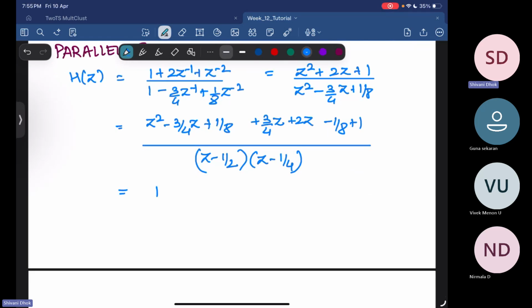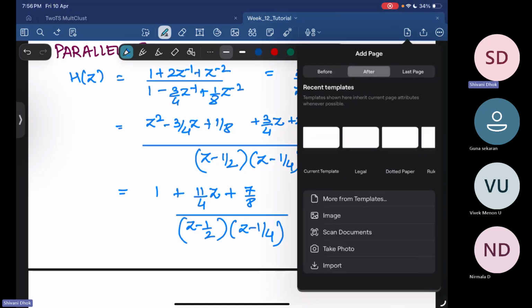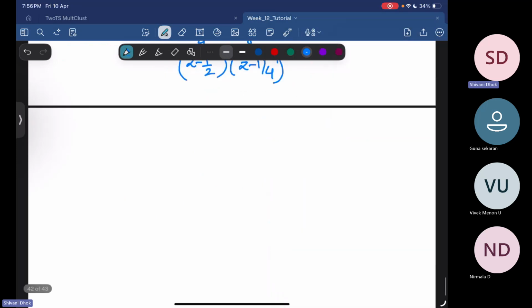So the first term gets cancelled, plus you have 3 by 4 plus 2, that is 11 by 4z, plus you have 1 minus 1 by 8, that is 7 by 8, divided by z minus half into z minus 1 by 4. So now I'll take up the second term and get the partial fractions representation of that.